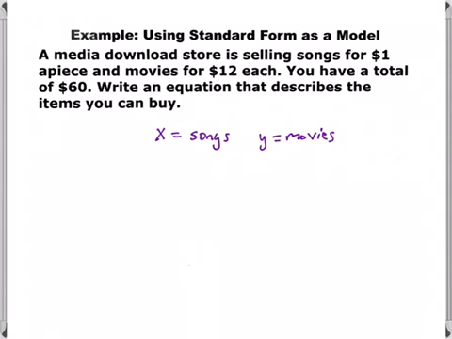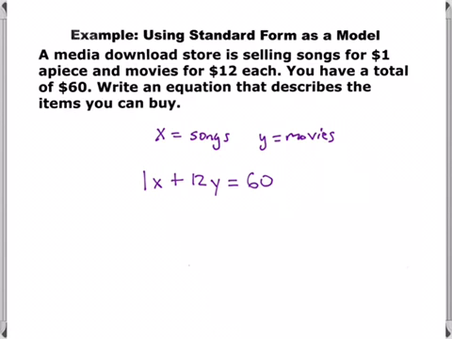So if we're setting up our equation here, we have to remember that each song is $1. So that's 1x, because we don't know how many songs they bought, plus let's let movies be y, so $12 per movie, so 12y equals our total of 60. So this is our standard form equation that represents the situation.